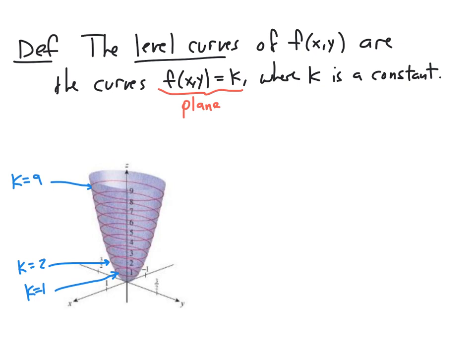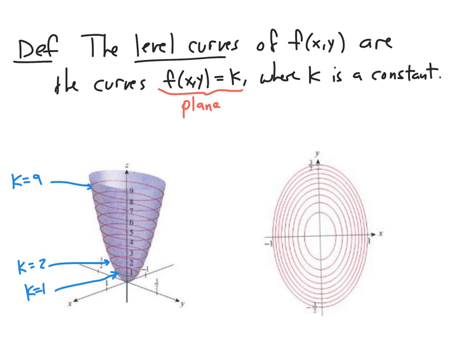So then these level curves, when we take this intersection of the plane, when we let z be a constant k, we can graph all of these in the xy plane. And when we do this, we get this particular picture. Right? And so you can see that what we have is these ellipses given by 9x squared plus 4y squared equals k.